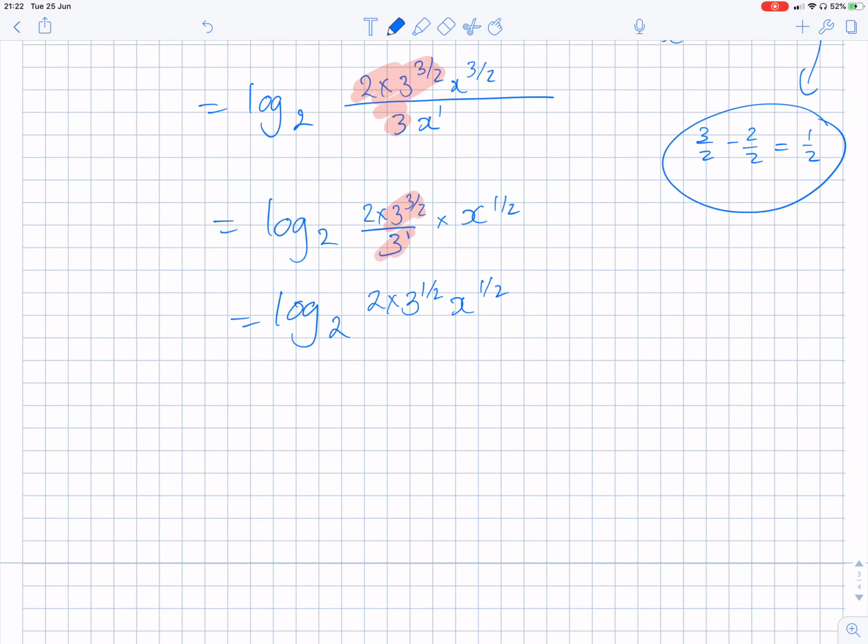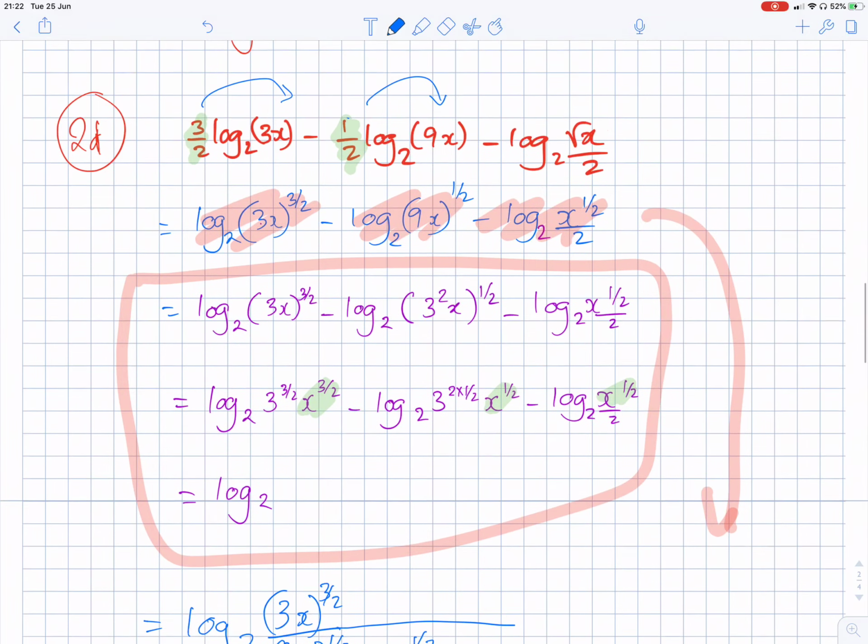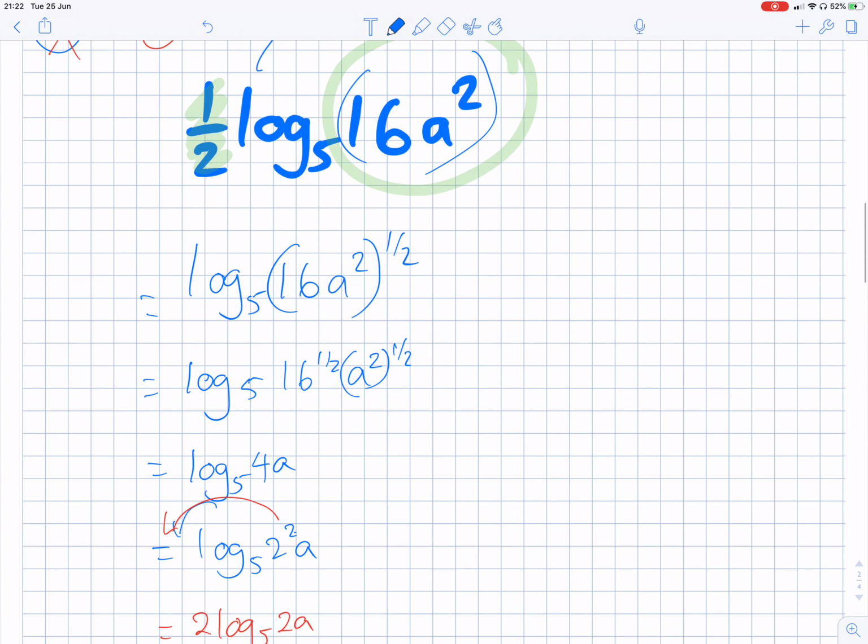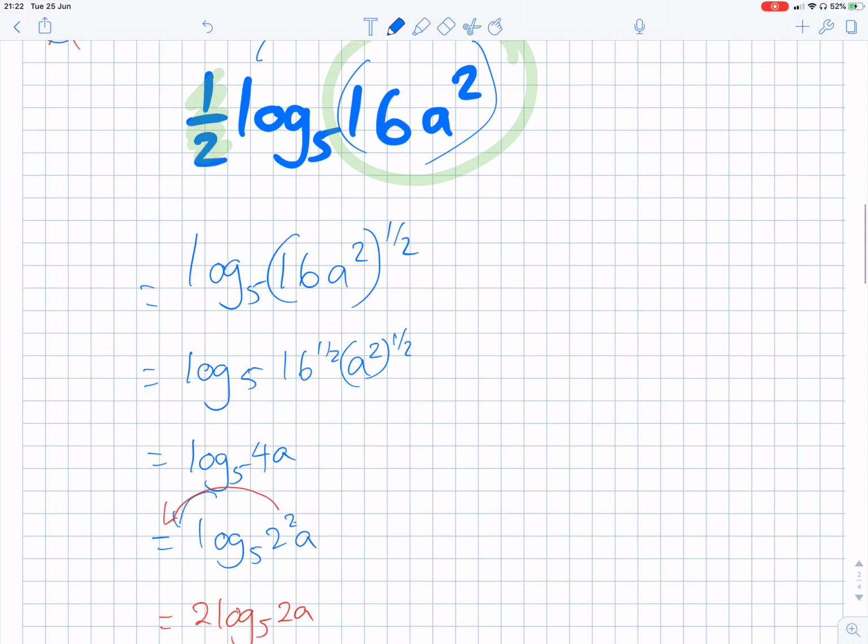Now, what can you do with that number? You can just leave the number there.